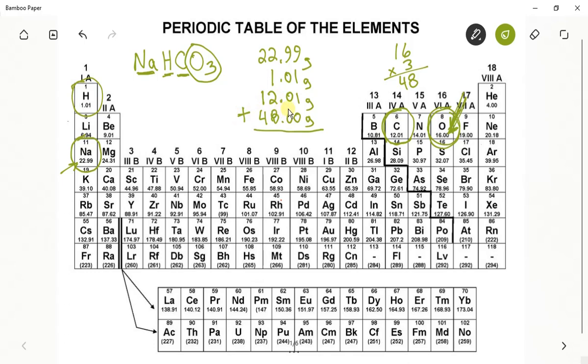So 22.99 plus 1.01 plus 12.01 plus 48 is 84.01 grams. So sodium bicarbonate has 84.01 grams per mole.